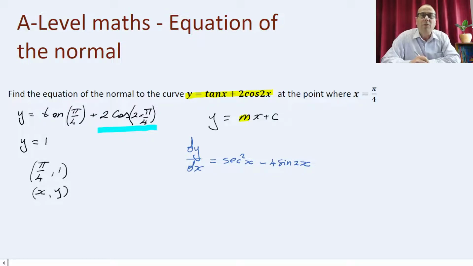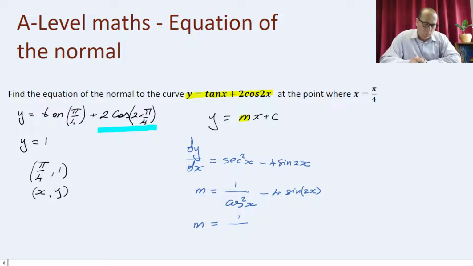To find the value of m, I substitute the x into the general gradient. So m equals secant squared, which is 1 over cos squared, minus 4 sine 2x. So m is equal to 1 over cos of pi by 4, which is root 2 over 2.